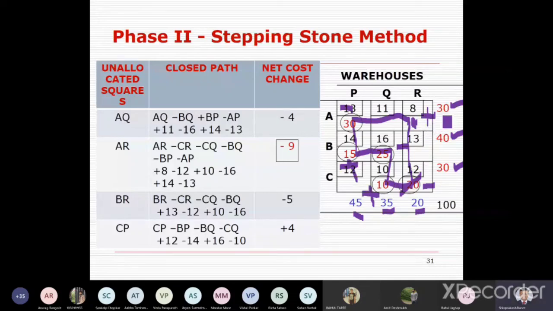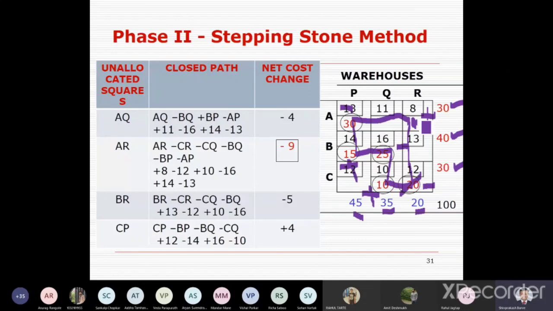I started from this cell, that is AR, and for forming the loop, the rules are that you can mark either horizontal or vertical lines. And in horizontal and vertical lines, you can change direction only at allocated cells.